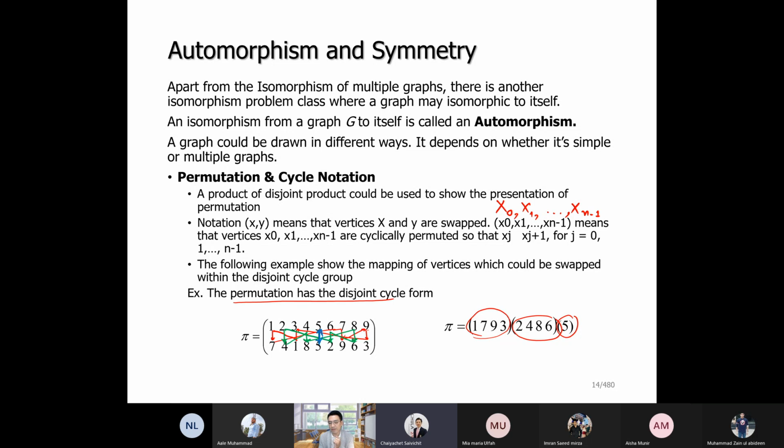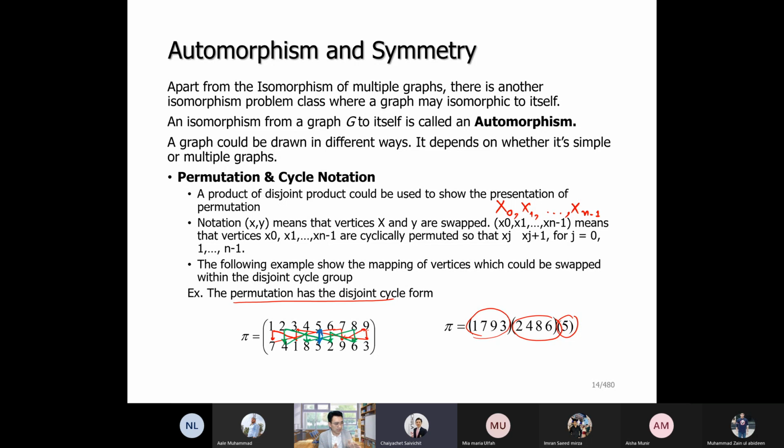So automorphism is talking about relabeling, or rearranging the labels into another graph. Generally when you do that, a valid relabeling of the graph would appear as the permutation of disjoint cycles in the graph. But the arrangement of the cycles could be different from one to another.